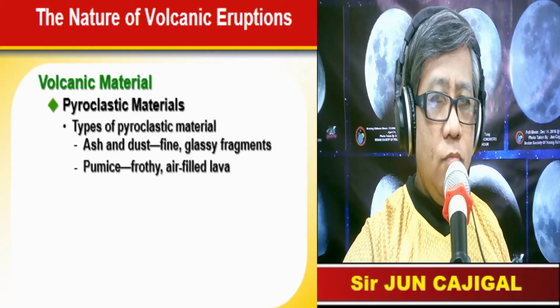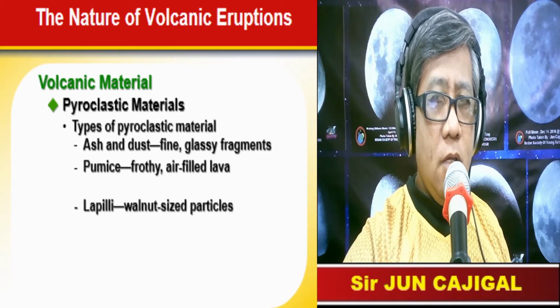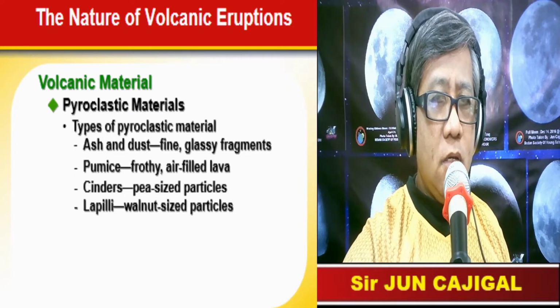Then we have pumice. When we speak of pumice, this is frothy air-filled lava. Then we have lapilli and cinders. Cinders are pea-sized particles, and larger than cinders are lapilli. Lapilli are walnut-sized volcanic particles.